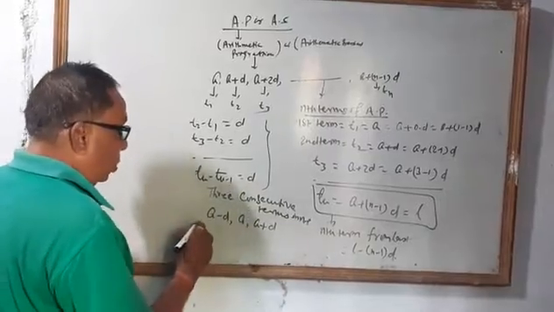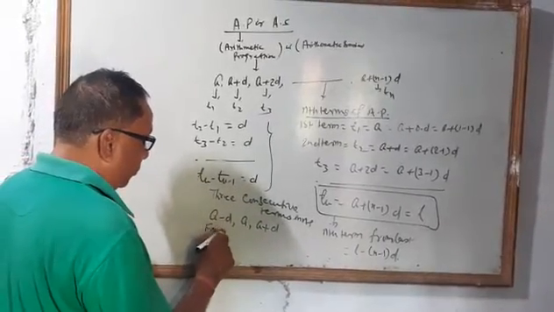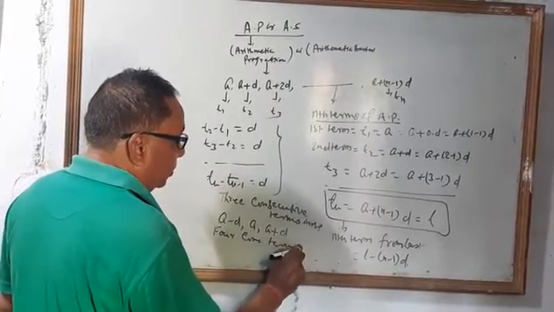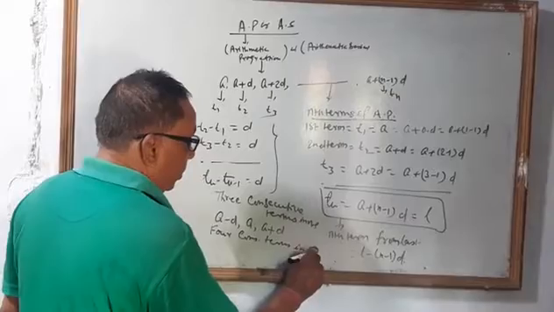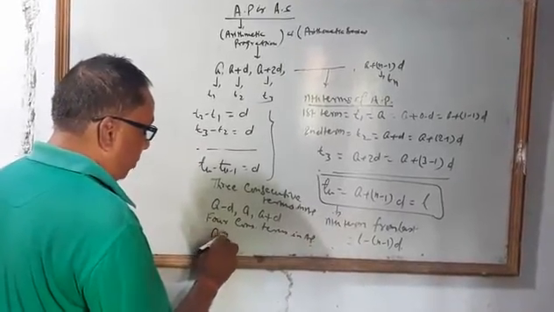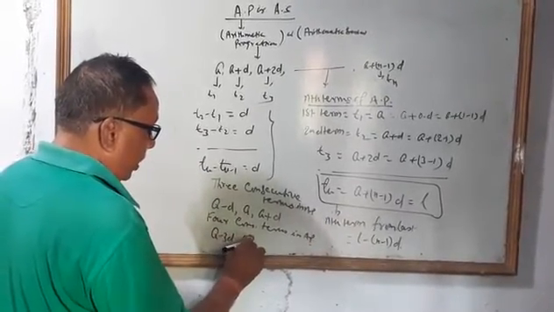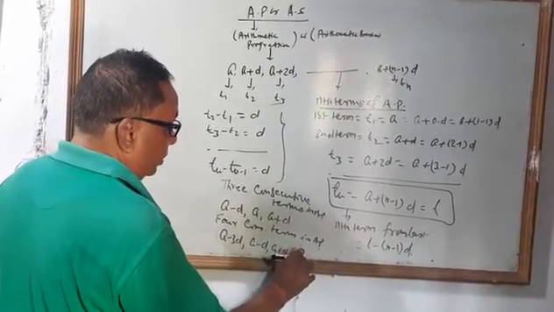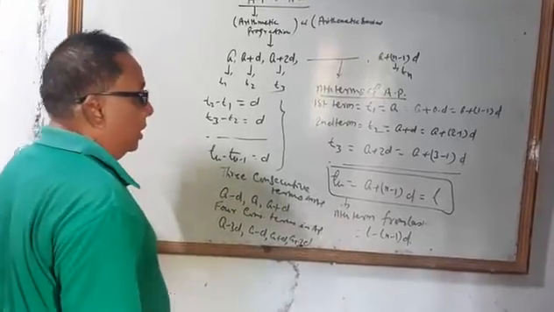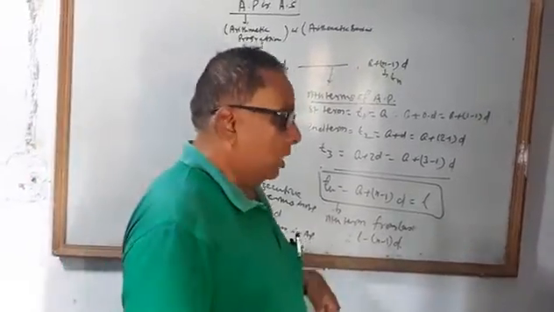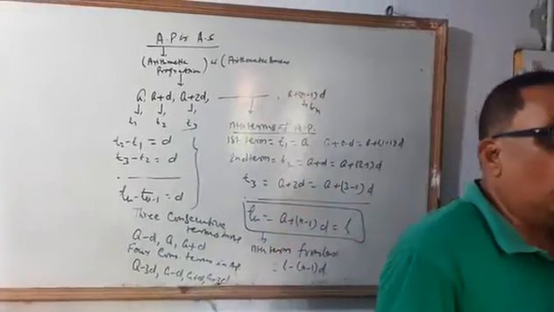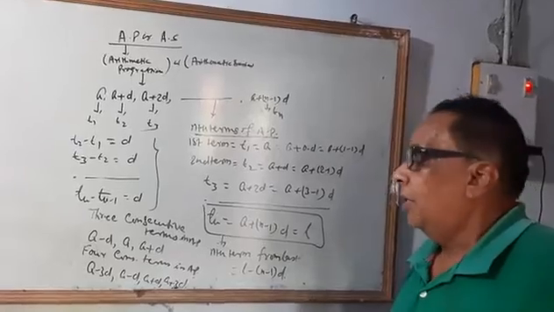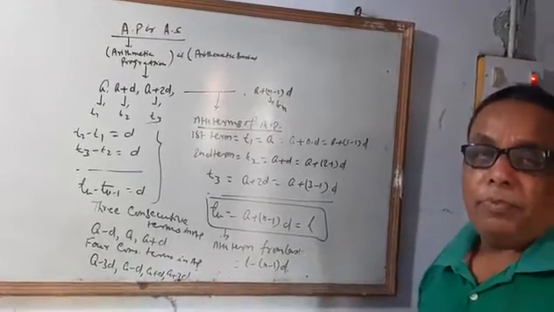Suppose you have four consecutive terms in AP. We consider a minus 3d, a minus d, a plus d, a plus 3d, which will be in AP. In a similar way you can take five consecutive terms in AP, six consecutive terms in AP.